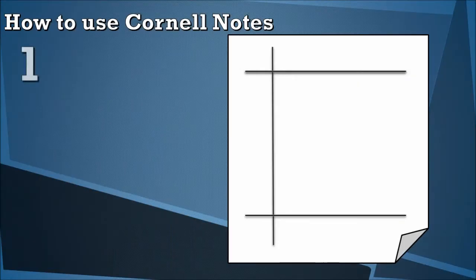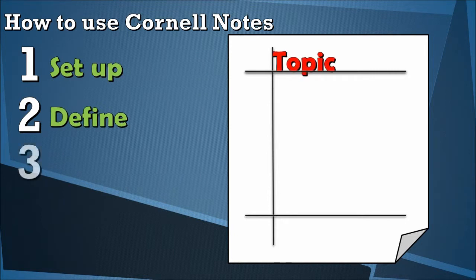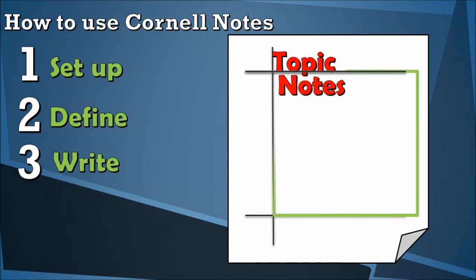First, you set up the page by having the students divide their page with 3 lines. 1, 2, 3. Second, together the students and teacher define the topic. Third, the students write down notes during the lesson in the right box.